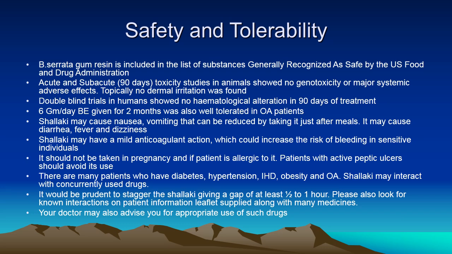There are many patients who have diabetes, hypertension, ischemic heart disease, obesity, and osteoarthritis, and at present it is not known how Shallaki interacts with the currently used drugs for these disorders. It would be prudent to stagger the Shallaki dose, giving a gap of at least half to 1 hour when such drugs are taken, till more is known about their adverse interactions.